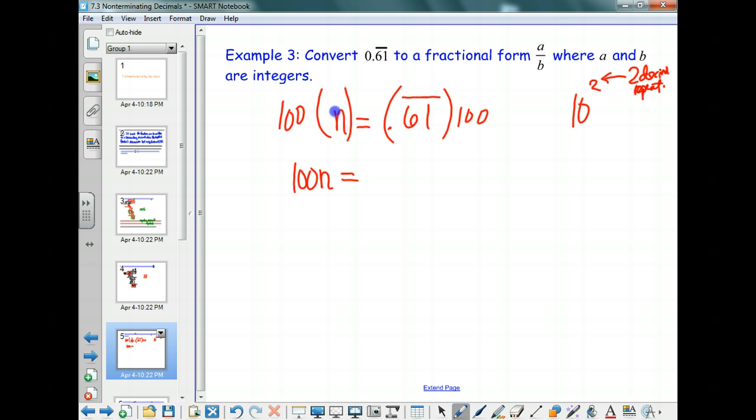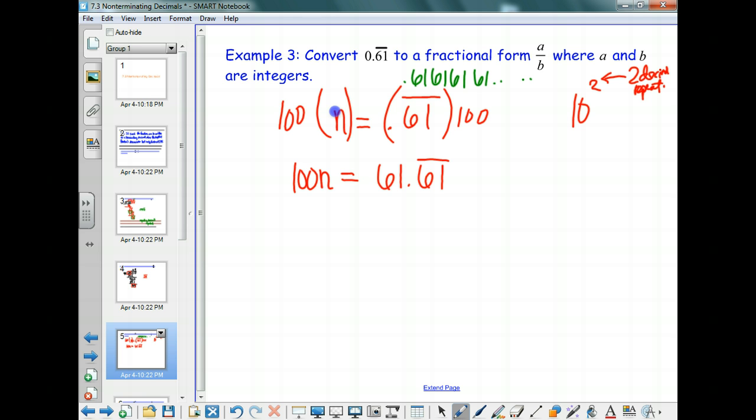So what happens when I multiply the decimal 0.61 repeating times 100? I get 61, but then it still has this repeating part to it, right? So I could have written this out as 61, 61, 61, 61, all the way like that, correct? That's what 61 repeating means.